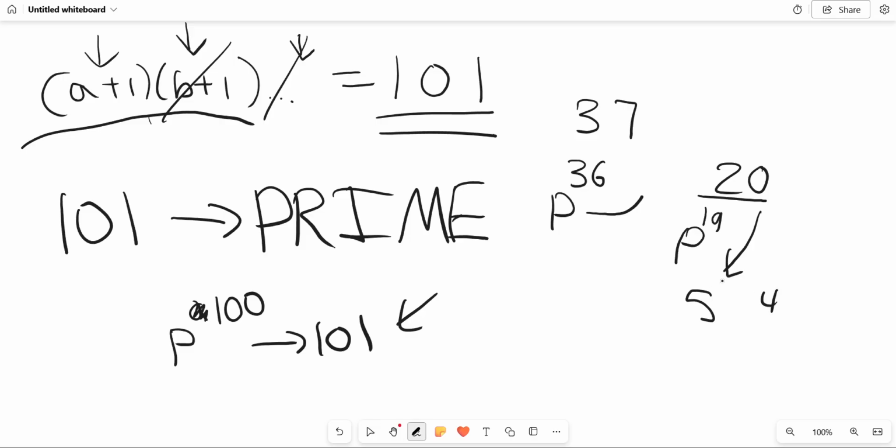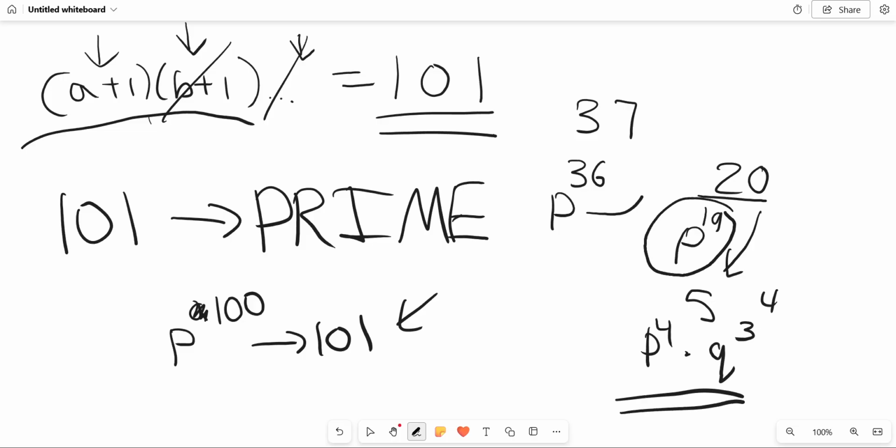So we can take one prime number to the power of 4 times another prime number to the power of 3 and get a way smaller result than taking a prime number to the power of 19. However, since 101 is prime, we can't split it up. So the smallest solution is a prime number to the power of 100.